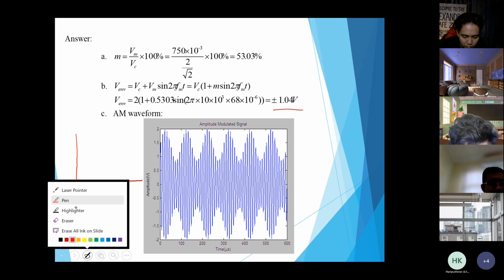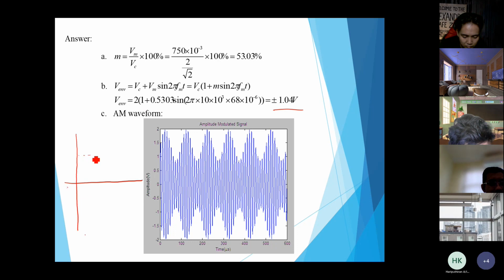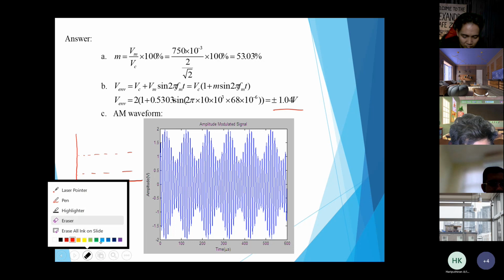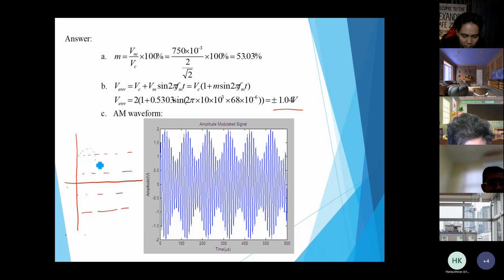Okay, so saya buat garis. Sama juga saya akan buat ni. So daripada sini baru saya dapatkan bentuknya dan barulah saya lukis.